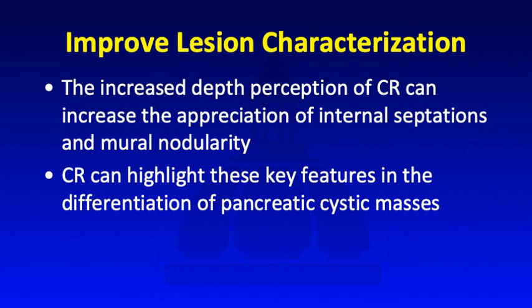Another feature that is nice with cinematic rendering is with the improved depth perception, we can increase the appreciation of internal septations and mural nodularity, and these features are key in the differentiation of pancreatic cystic masses.